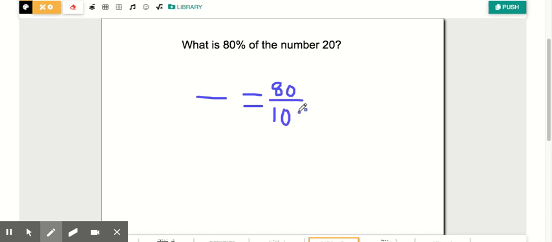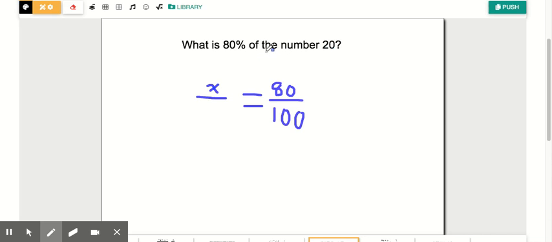That 100 is going to be constant. And then my is, what is? I don't know, and my is always my part, so I'm going to use my x. Of the number 20.